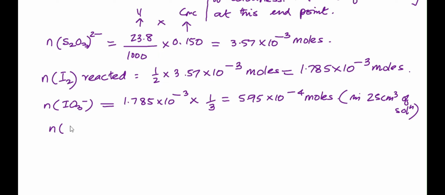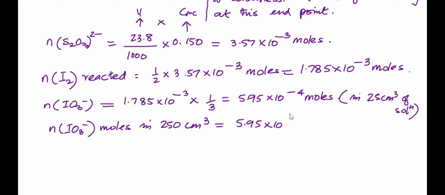Hence, number of iodate moles in 250 cubic centimeters will be 10 times of this, that is equal to 5.95 times 10 to the power of minus 4 times 10, which will make it to the power of minus 3. This comes from how many grams of the salt? 1.55 g of the iodate salt.